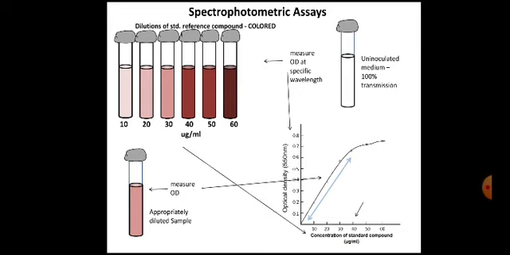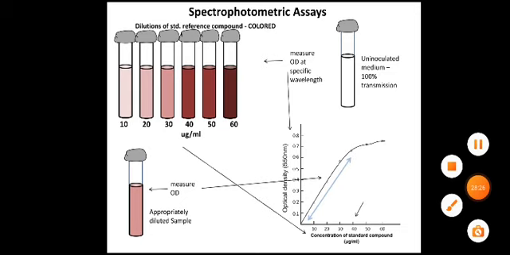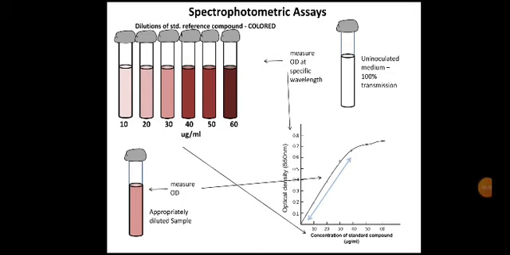So now you can convert the optical density reading into the concentration, that is micrograms per ml. That is how spectrophotometric assays are used to determine the concentration of a colored fermentation product. Remember, colored fermentation product in the given preparation.